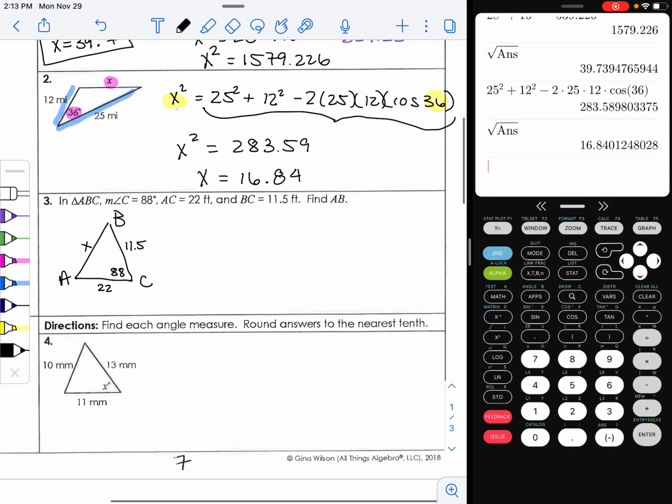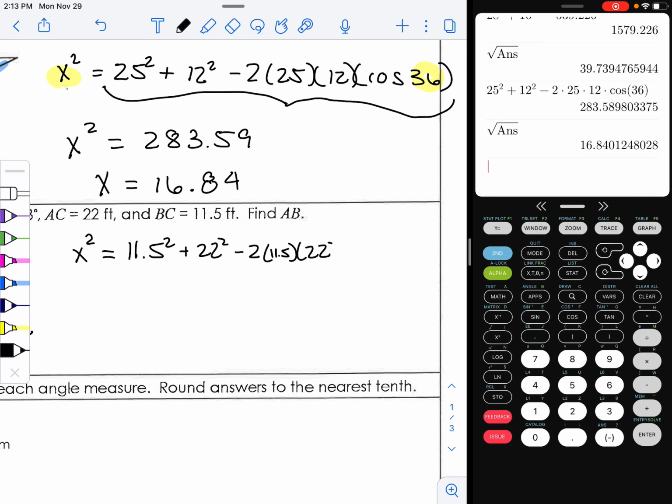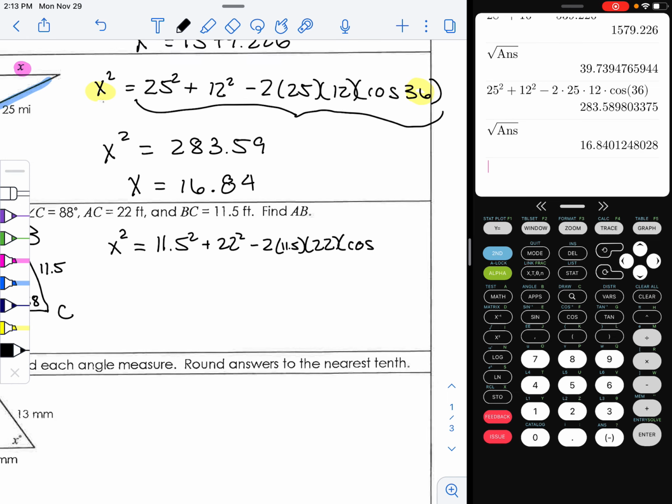So setting up my law of cosines, because I have no matching sets, I would have x squared equals 11.5 squared plus 22 squared minus 2 times 11.5 times 22 times the cosine of 88.